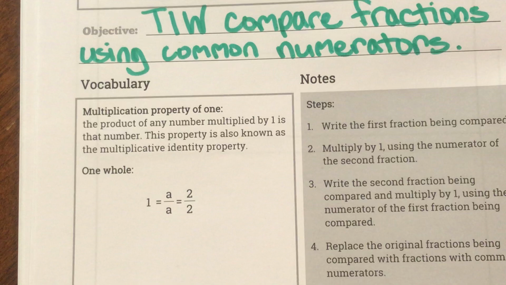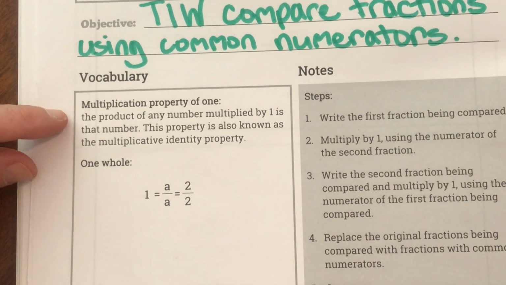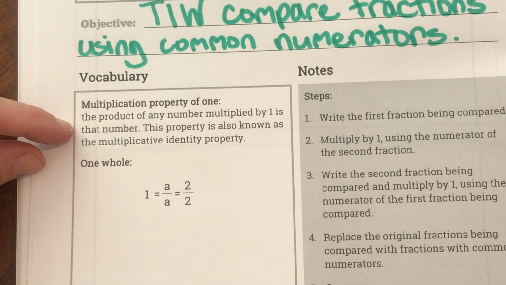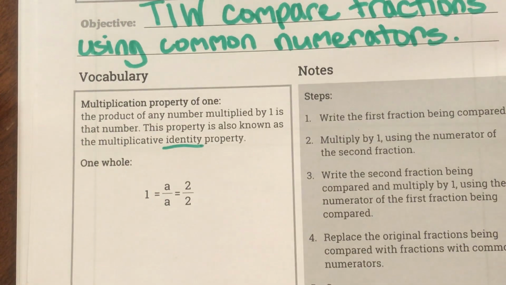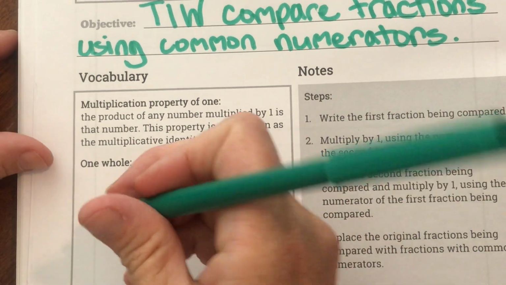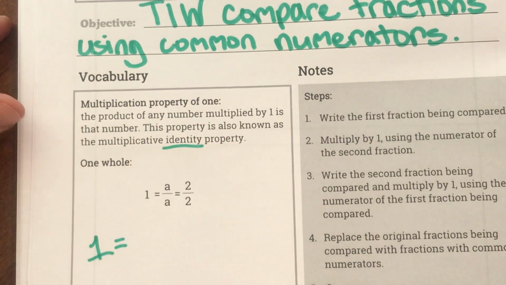So just a quick reminder that the multiplication property of 1 says the product of any number multiplied by 1 is that number. This property is also known as the multiplicative identity property because it doesn't change its identity and it doesn't change its value. So we had talked about all the fractions that are equal to 1.